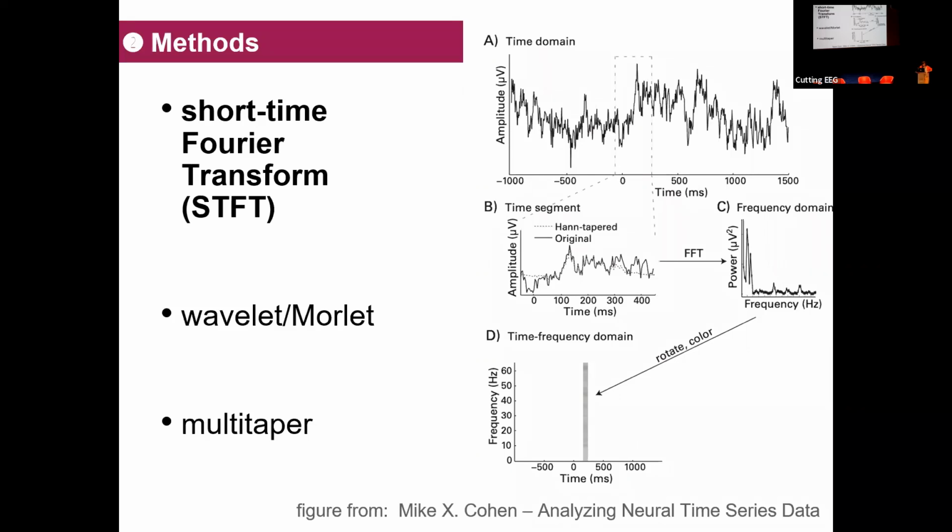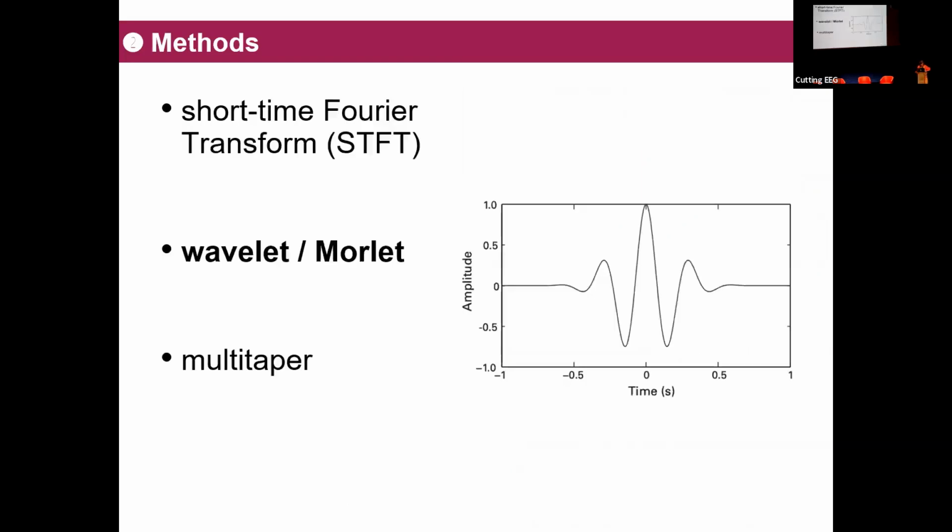So what is the difference to wavelet? I only have one slide on wavelets, which is, I don't know, a shame. Wavelets are a specific kind of function. They are created by multiplying a sinusoid with a Gaussian. So they have this specific profile in time.